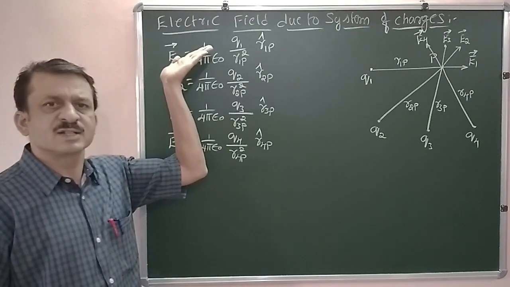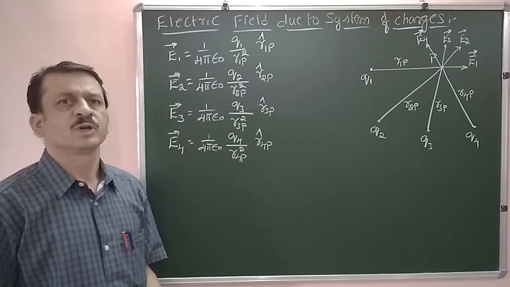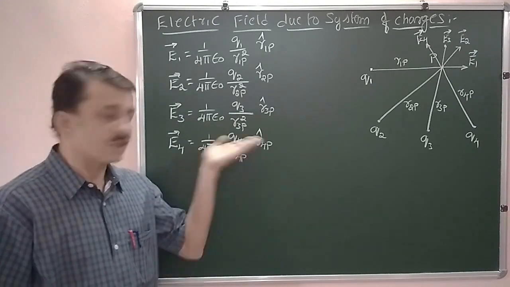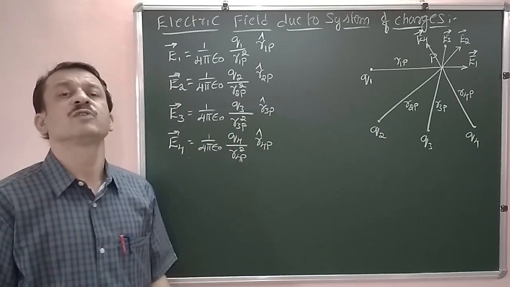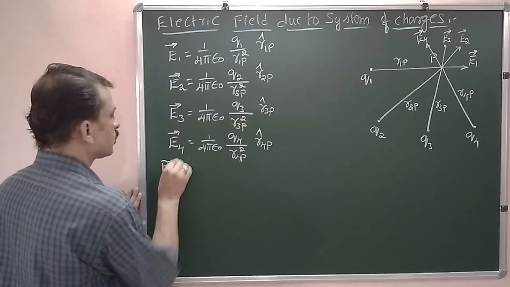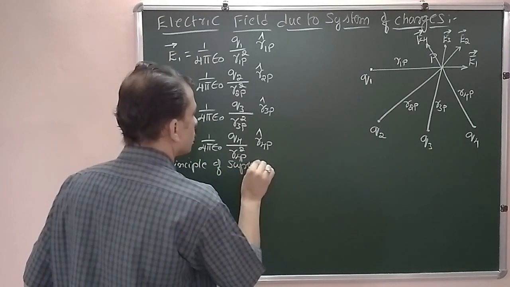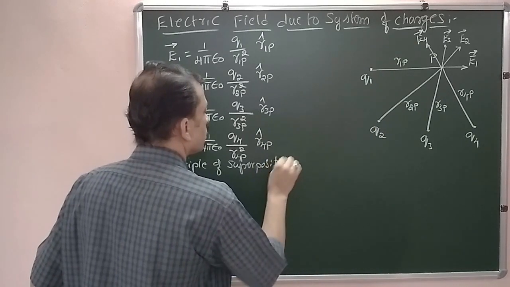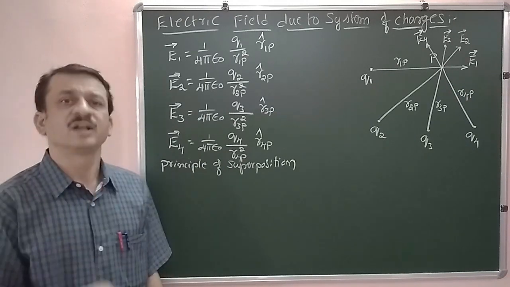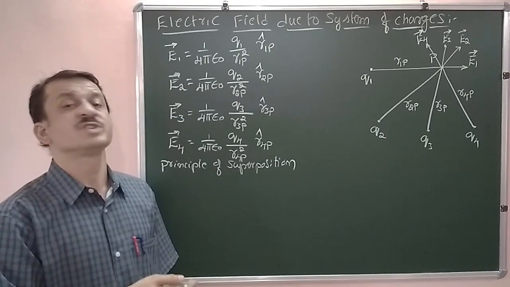Now we have calculated the electric field at the point P due to individual charges. Now we have to calculate the total electric field at that point. For that, here also we are making use of the principle of superposition, the same principle we have used in the case of finding the net force on a system of charges.